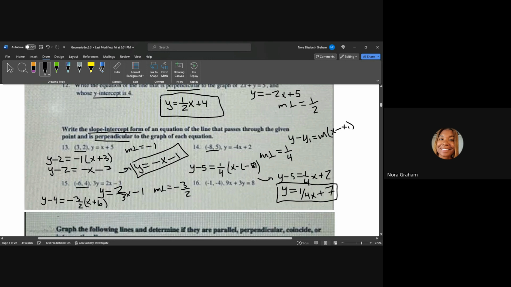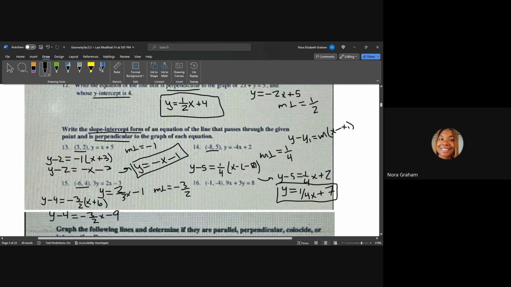I distribute that through, so now I get y minus 4 equals negative 3 over 2 x, and this is kind of like multiplying fractions. 6 over 1, you can look at it as that. So 3, 6, 9, 12, 15, 18. So 3 times 6 is 18. So I get 18 over 2. That's going to be minus 9.